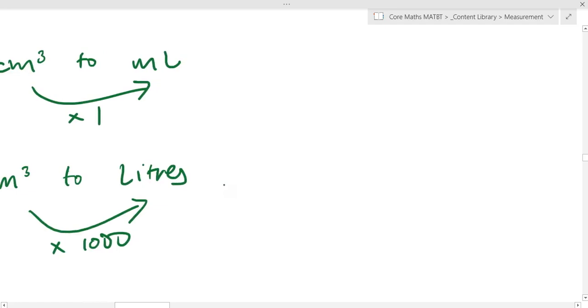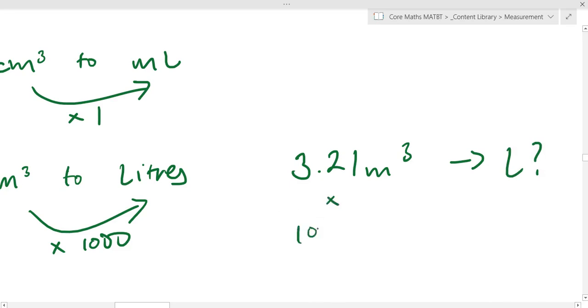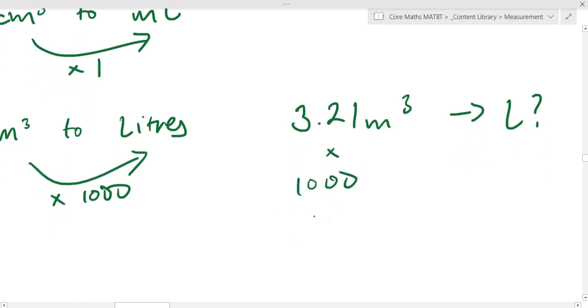So let's say, for example, I have 3.21 meters cubed. What does that equal in liters? Well, if you times it by 1,000, it equals 3,210 liters.